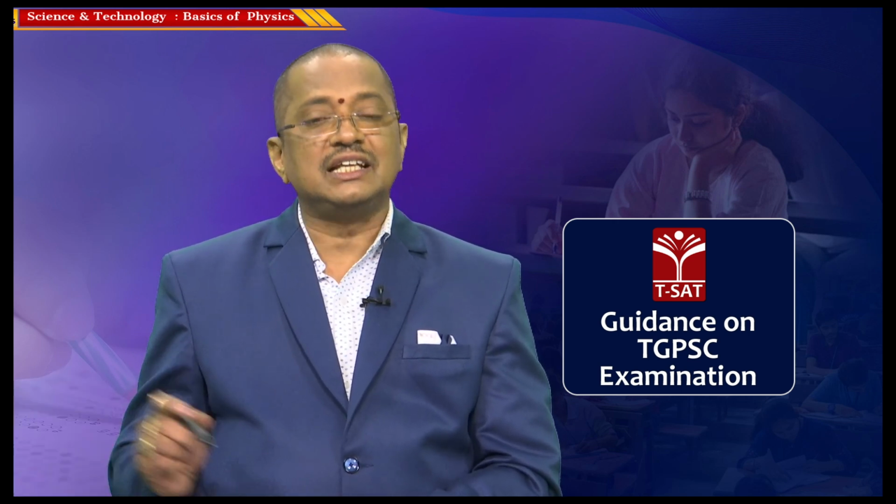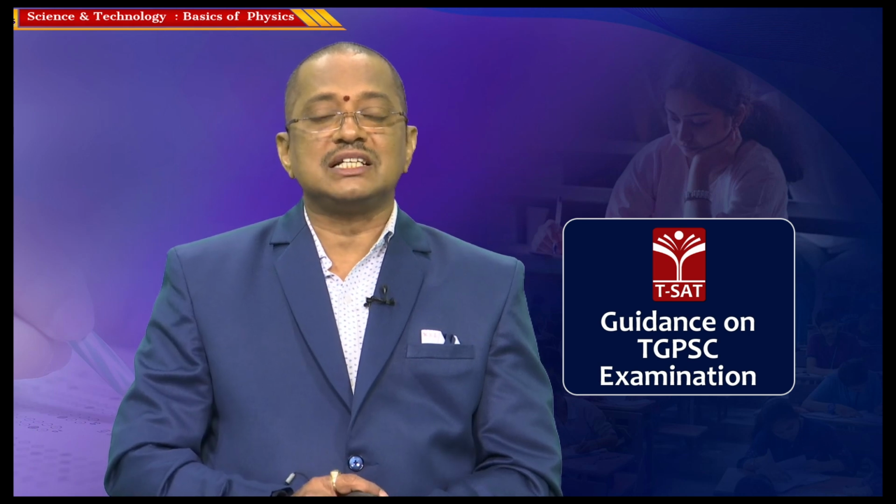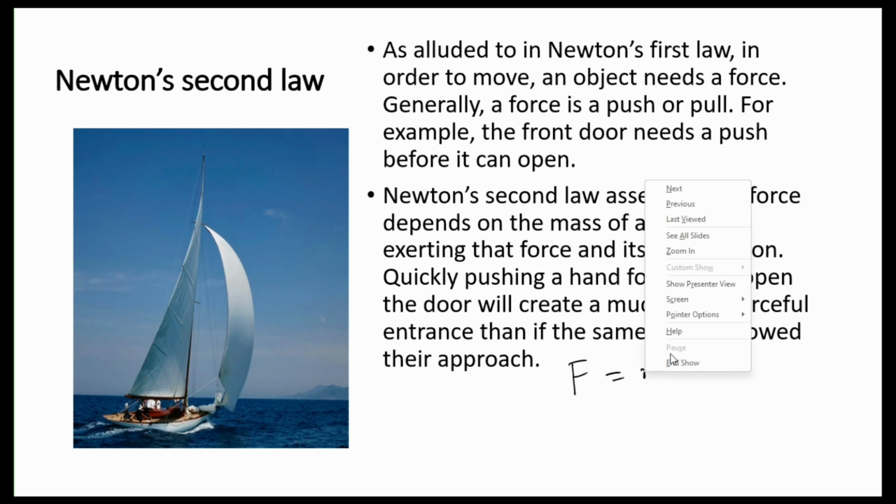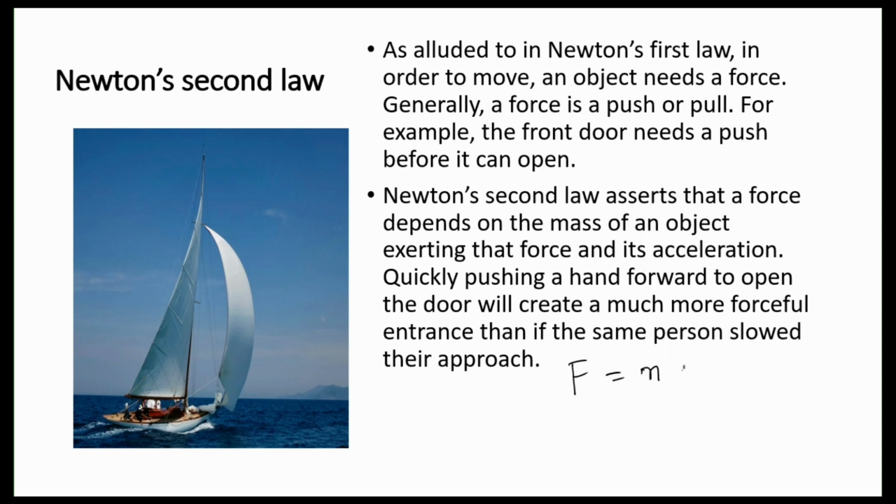Now the force is simply F = ma. Here ma can be written as m(v - u)/t, or simply (mv - mu)/t, where mv is the final momentum and mu is the initial momentum.